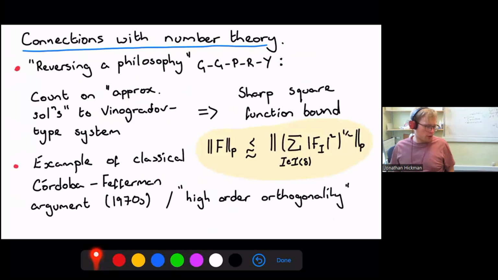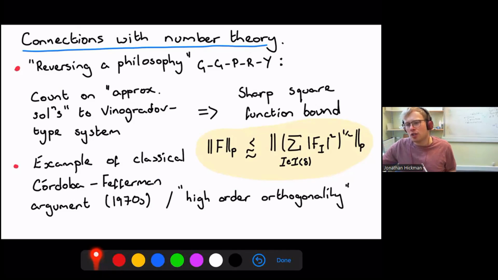Although the square functions don't tell you anything about the Vinogradov mean value theorem, there nevertheless are some connections between these estimates and problems in number theory, and these connections were investigated in the recent paper of Gressman and co-authors, which I mentioned on the earlier slide.